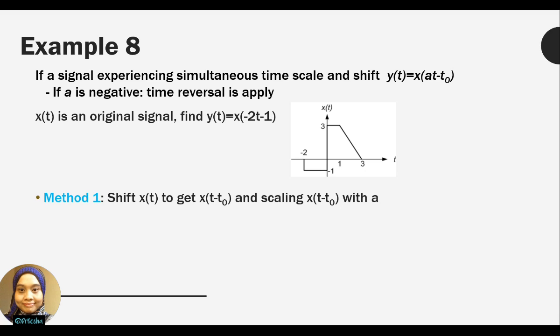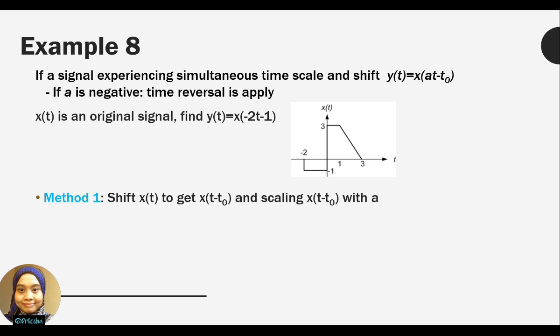And for the time shifting over here, in example 8, actually there are methods that you can try to use, either of these three methods, to do the combination operations.